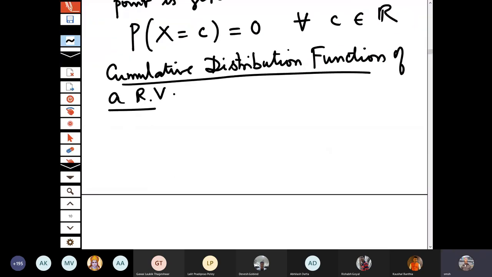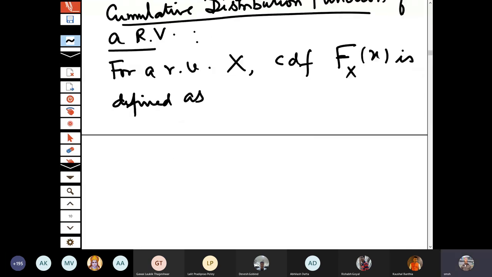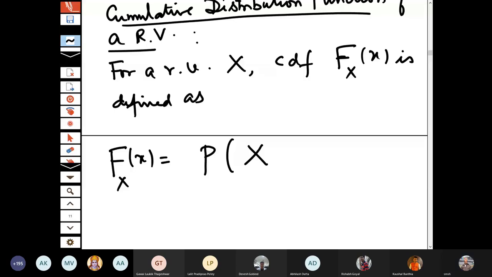So I give a new name here for a random variable X. The CDF F is defined as, so it is capital F now, the probability of the set of all those sample points for which the random variable takes values less than or equal to a given value, small x.